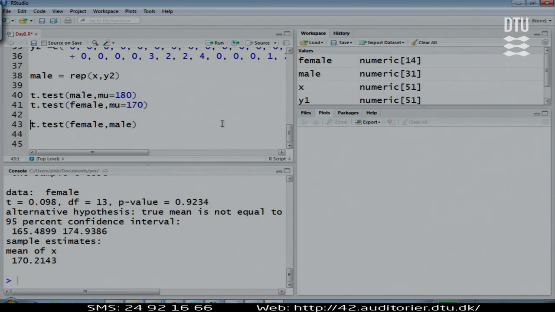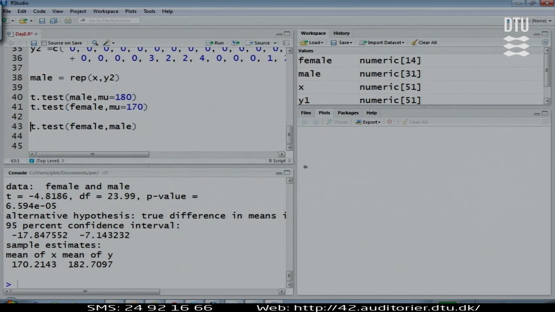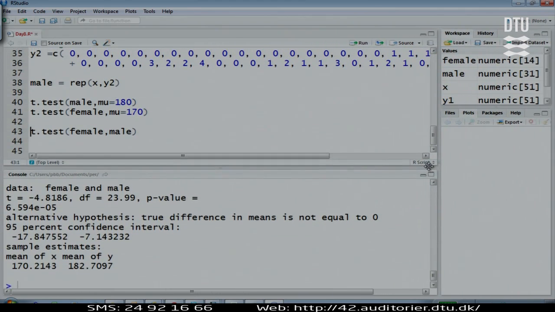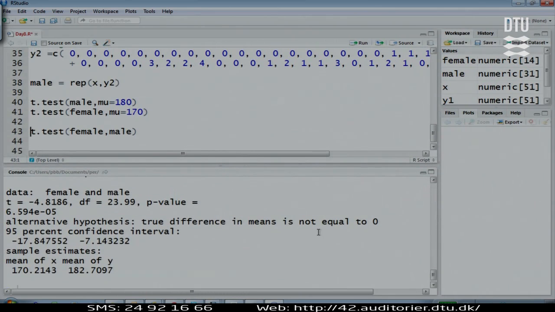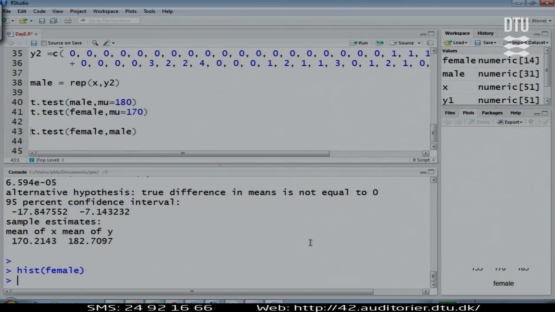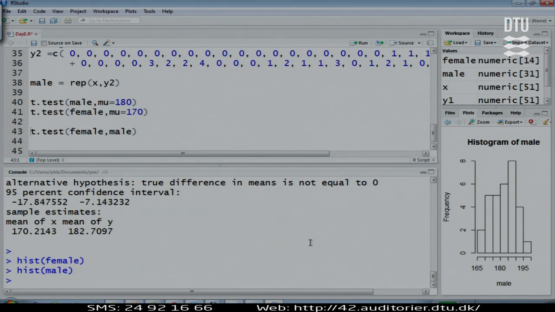We found out that if we use the t-test on this, just to emphasize, I have the female heights here. I had the male heights called male here. Last time I compared by applying the t-test function.